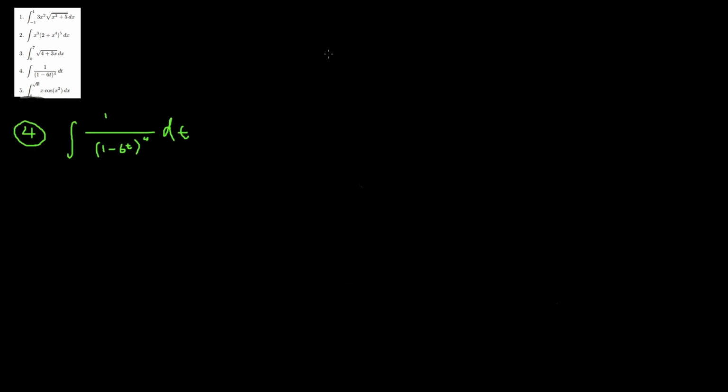Okay, so we're trying to find the antiderivative of 1 over the quantity of 1 minus 6t to the 4th dt. So we can let u equal 1 minus 6t. So we have du equal to negative 6 dt.